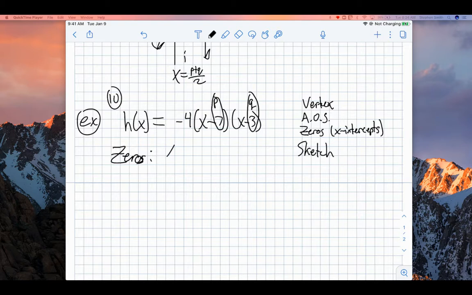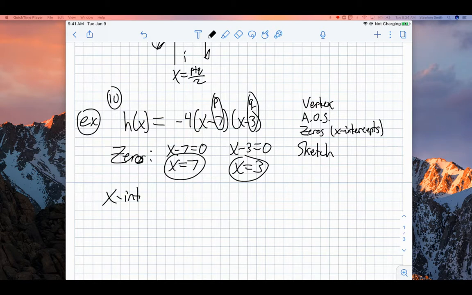If we have a hard time remembering, remember this is x minus 7 equals 0 and x minus 3 equals 0. This is the zero product property. That means that x equals 7 and x equals 3. Those are my two zeros. My x-intercepts coming off of that are at 7, 0 and 3, 0.